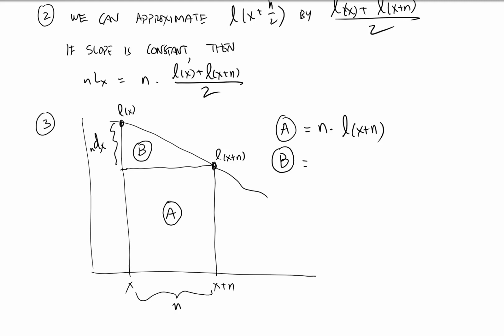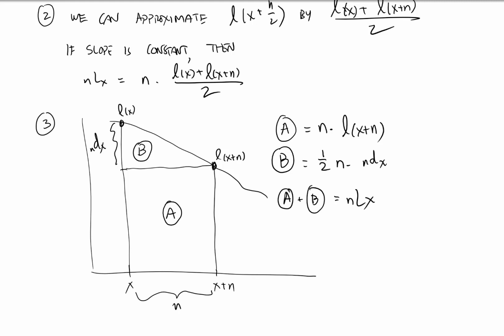It's 1/2 base times height. So that is going to be 1/2, and the base is n, and the height is n dx. So if we add those two up, then A plus B should equal nLx.